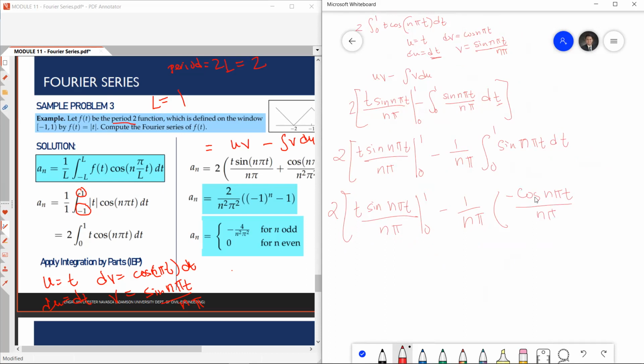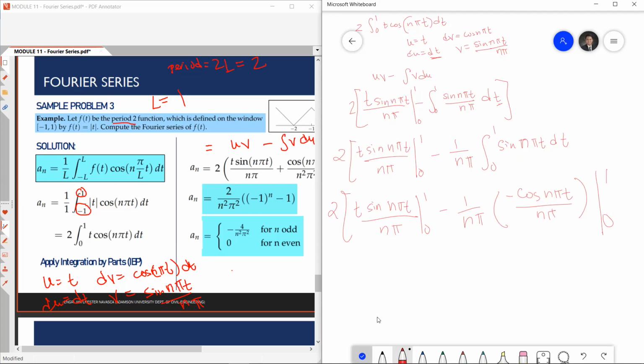If you are confused, just take the derivative. What is the derivative of negative cosine n pi t over n pi? That is positive sine n pi t over n pi. Cancel n pi, and you are back to sine n pi t. This is evaluated from 0 to 1.